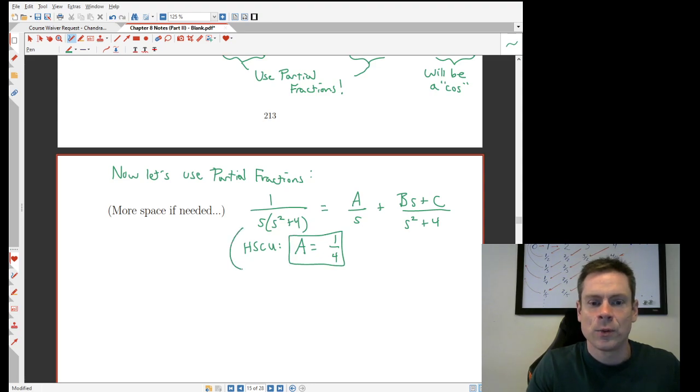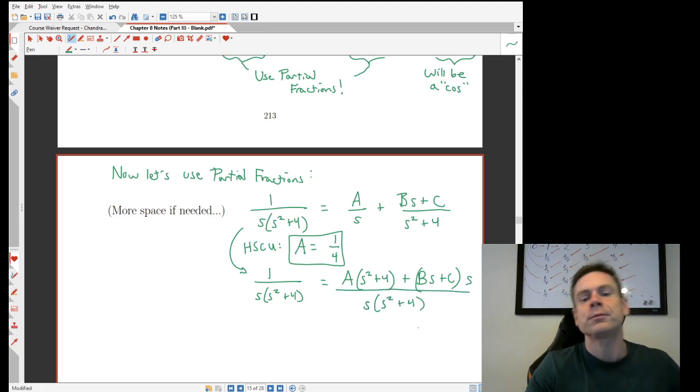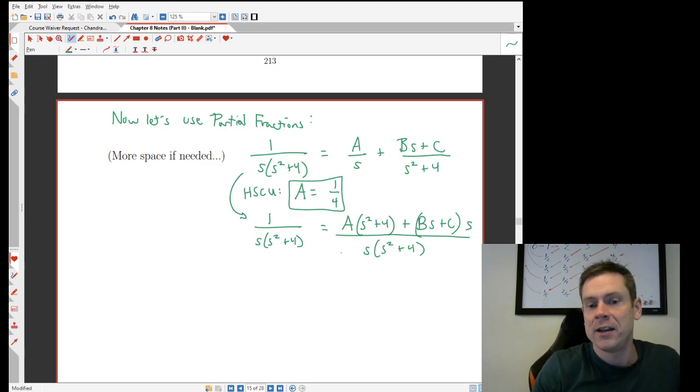And then we're going to do common denominators to figure out the rest. So 1 over s squared plus 4 is equal to A times s squared plus 4 plus Bs plus C times s, over s times s squared plus 4. Okay, we know what A is. We need to figure out what B and C are. Let's match up the s squareds first.